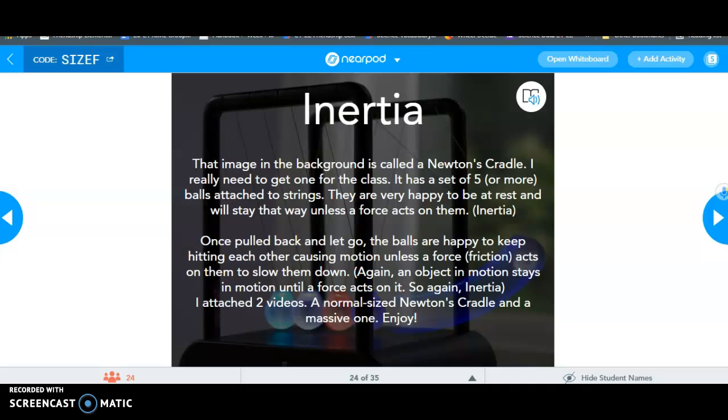Matter of fact, when they're sitting here, they sat here all summer and never moved. They were happy with that because of inertia. Again, they're happy to keep moving. They're happy to sit still because everything has inertia. And so we're going to take a look at some videos here about some different sizes of this.